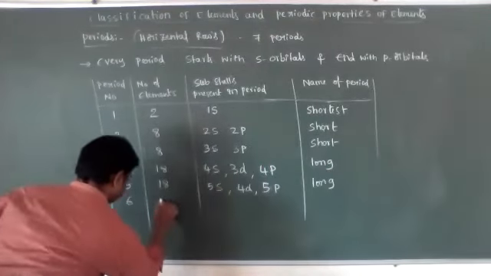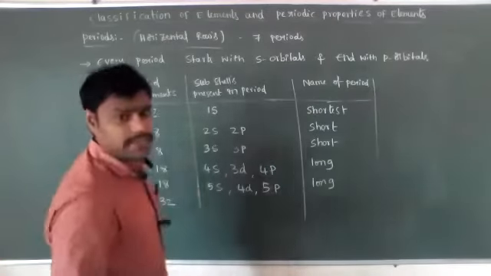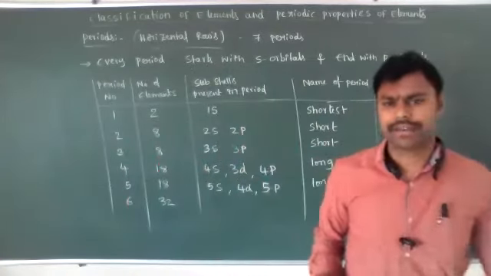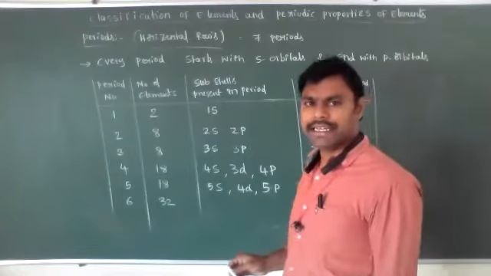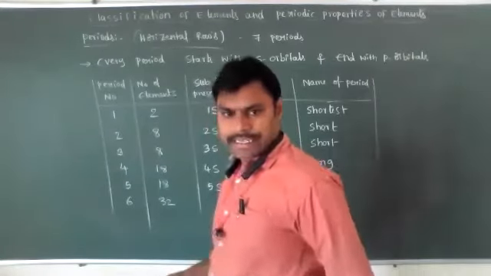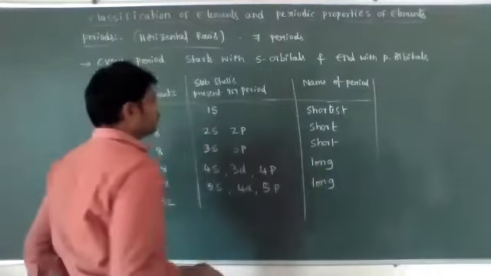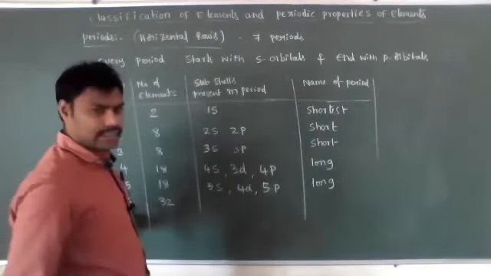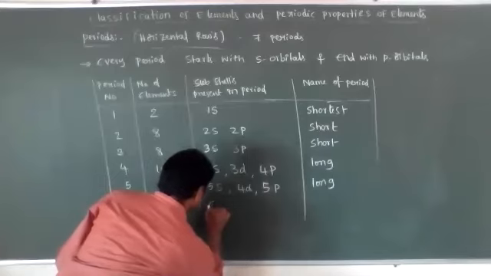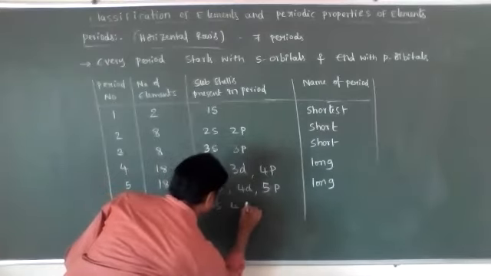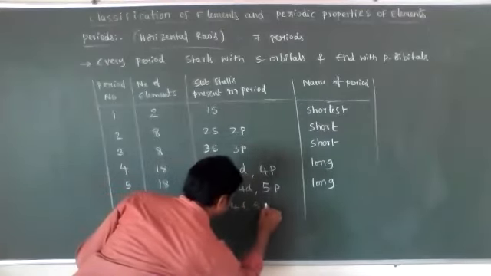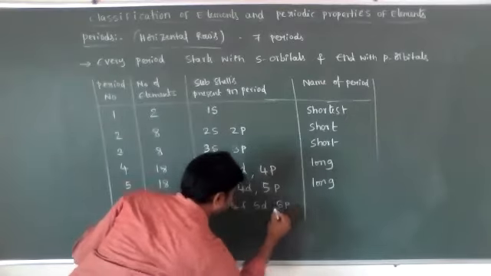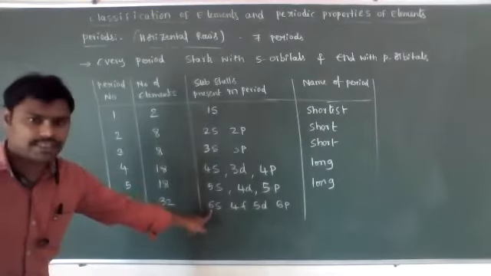Next, the sixth period. 32 elements are present in the sixth period. The subshells present are 6s, 4f, 5d, 6p. See, n is equal to 6.